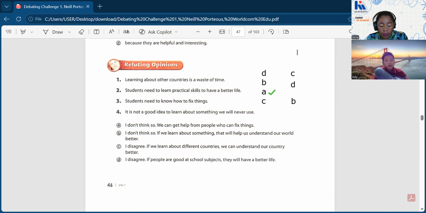I disagree. If people are good at school subjects, we will have a better life.